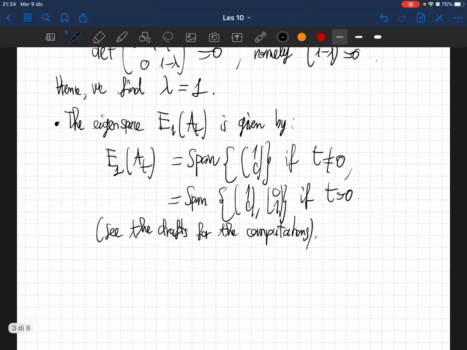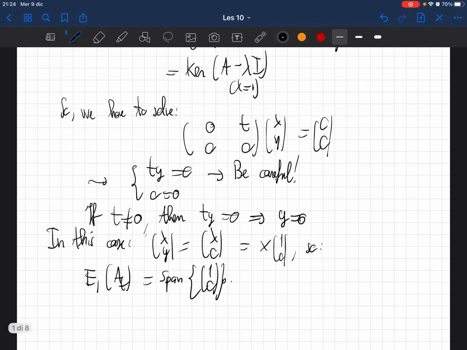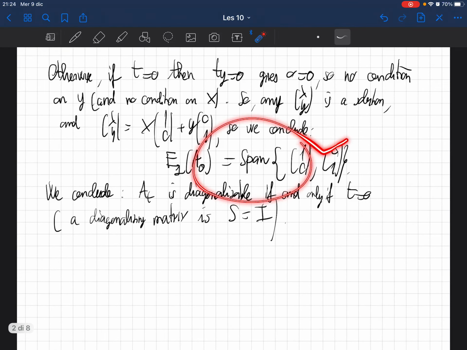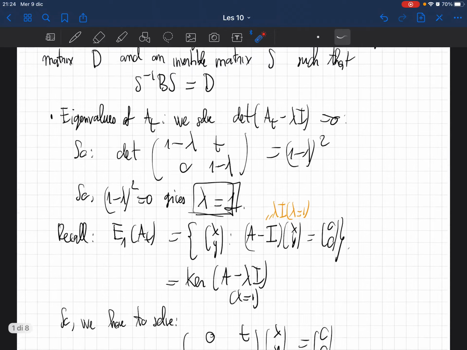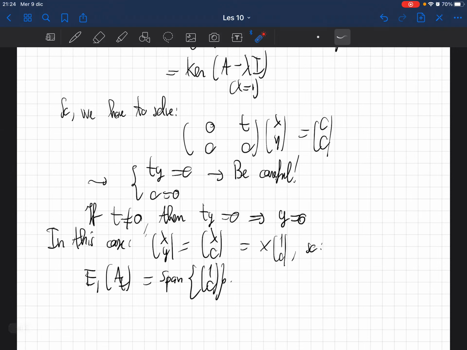Well, perhaps here you can say, well, is it so nice to avoid? Well, the tricky part here is that if t is different from 0, you have to be careful, you can divide, but if t is equal to 0, then this gives the other result. But I mean, look at these drafts, they're not so bad. It's okay to attach them and then write just, in this case, the clean solution as a resume of the result of the computations.